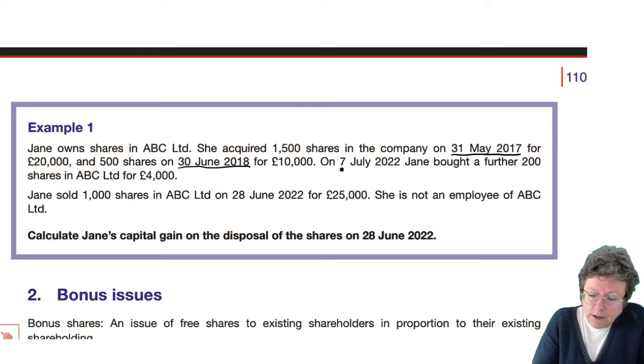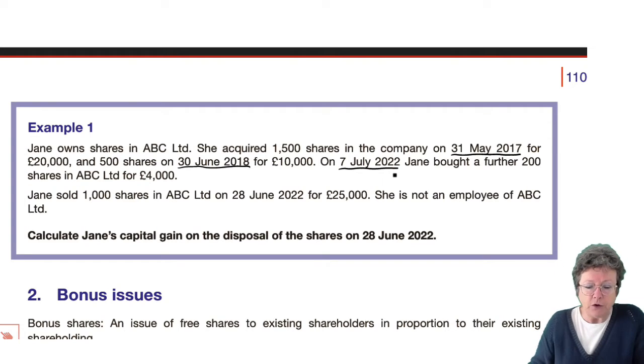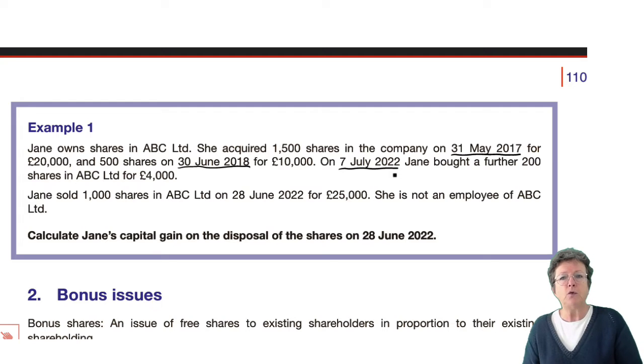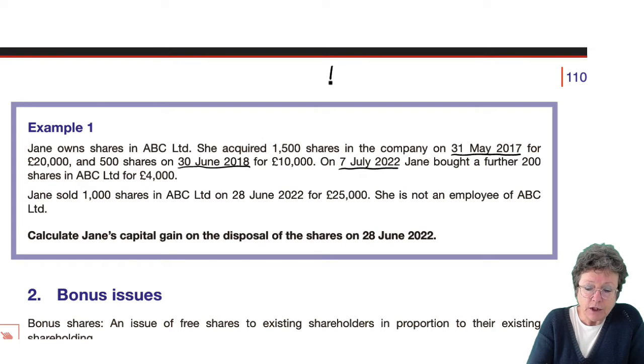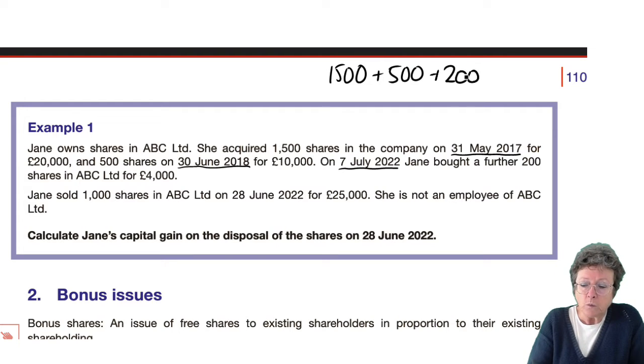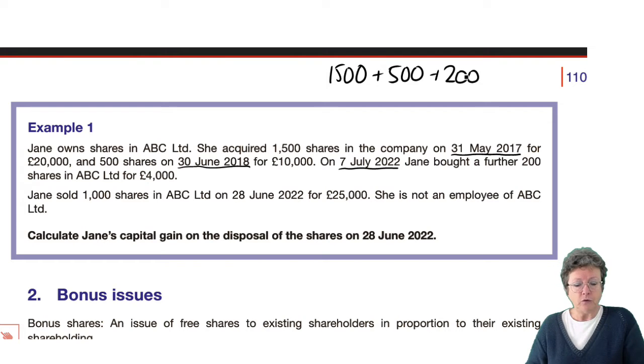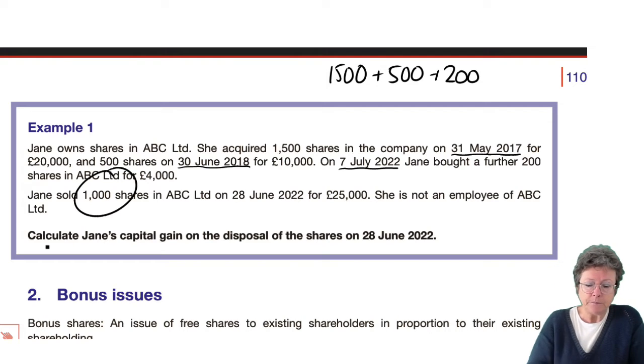And then in July 22, she bought a further 200 shares for £4,000. Now, she has sold 1,000 of the shares. Now, how many does she have? She has 1,500 shares, she has 500 shares, and she has 200 shares. That's how many shares she owns, and she sold 1,000 of them. And that's your proceeds.